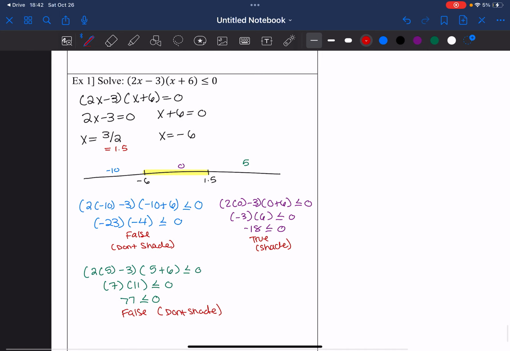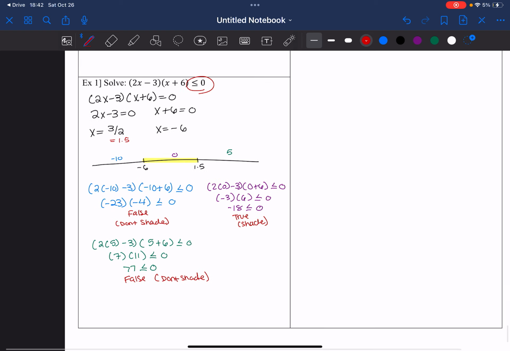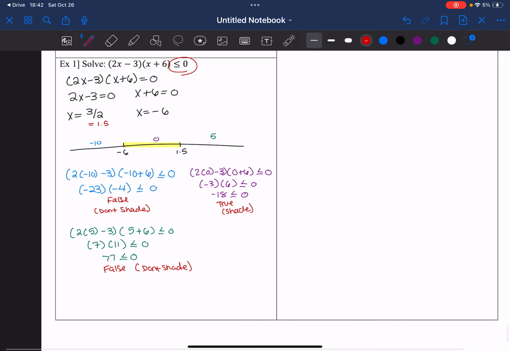So that means my answer here is only true between the numbers -6 and 1.5. And since my inequality includes an equal sign up here, I know that I can use those same ones when writing my answer.